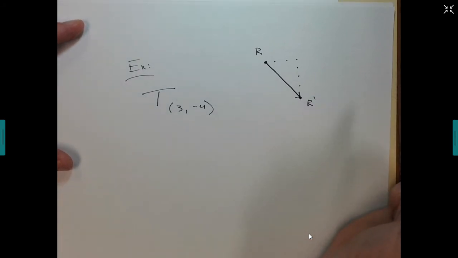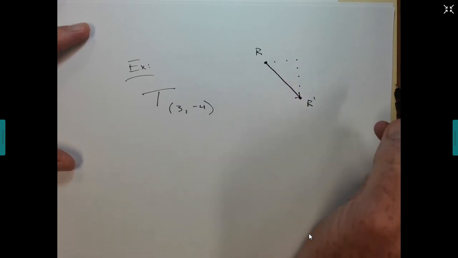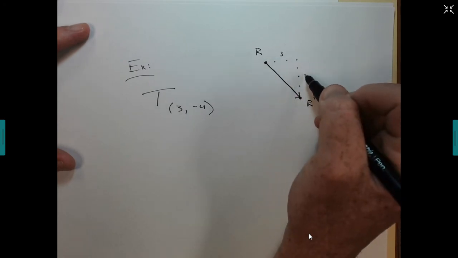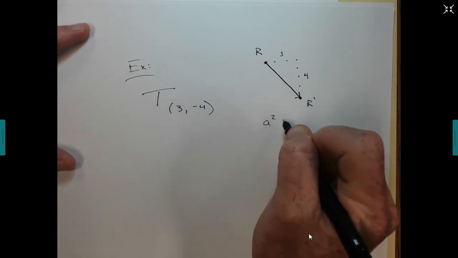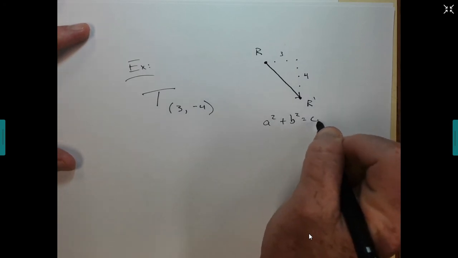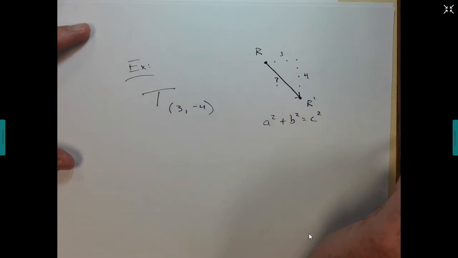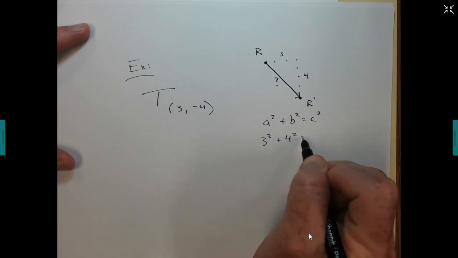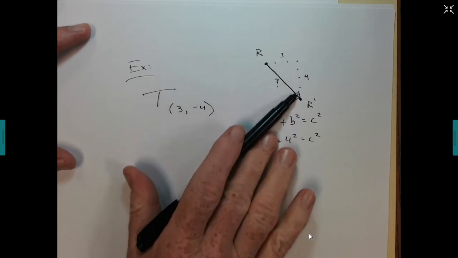So the question is, well, how far did R really travel? It did not go 3 and then 4. It did not travel 7 units. But if we look at this as a right triangle, if that measurement is 3 and this is 4, we can use the Pythagorean theorem to find out how far this diagonal movement is. So 3 squared plus 4 squared equals c squared. And I don't need to put in a negative because we're not looking at this as a downward movement.